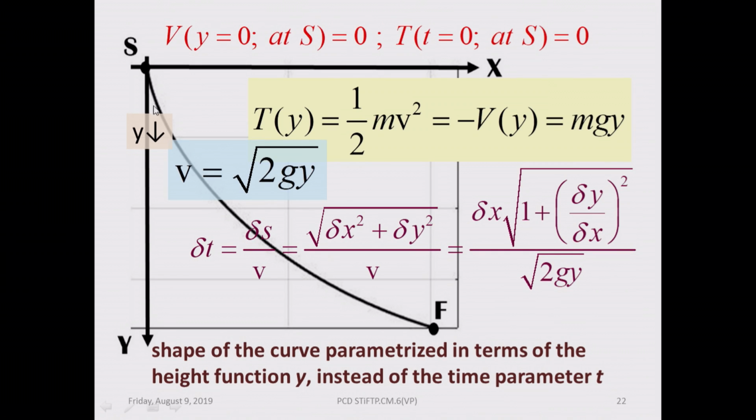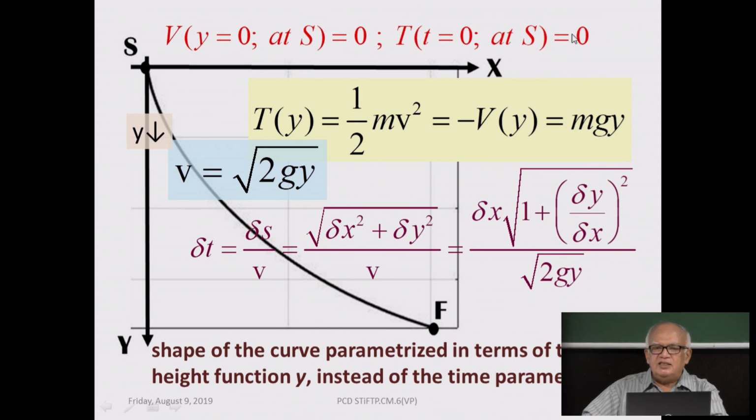We have chosen the y-axis to be pointing downward and the x-axis to be pointing from left to right. You don't worry about why it is pointing downward or upward, that is a matter of convention, and we have chosen it this way. You're going to release it at 0 speed, so the kinetic energy T is 0, and over here V is also 0. And its energy will remain 0.